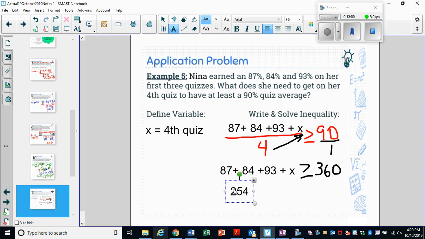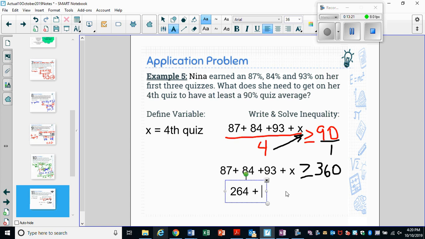I'm sorry, I am wrong. It is 264. 7 plus 4 plus 3, 14. Carry the 1, 9. 1 and 8 is 9. Plus 8, 17 plus 9, 264.